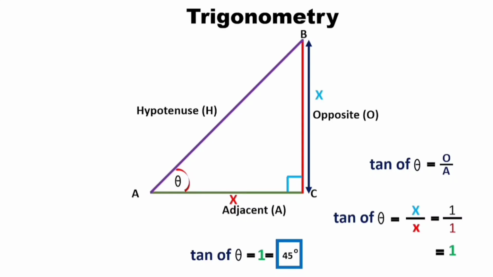Now to get the magnitude of angle A in radian, we simply multiply 45 degree by pi by 180 degree. So when 45 degree is multiplied by pi by 180 degree, we get pi by 4. Substituting the pi value, that is 3.14, and dividing by 4, we get the angle value in radian, that is 0.785 radian.